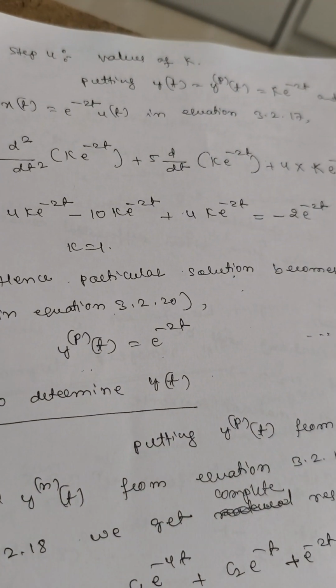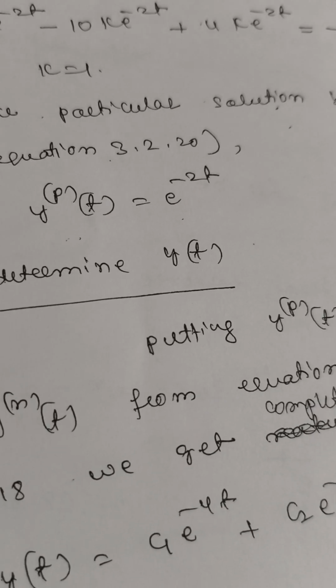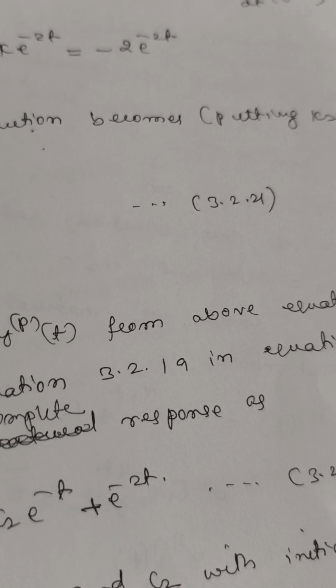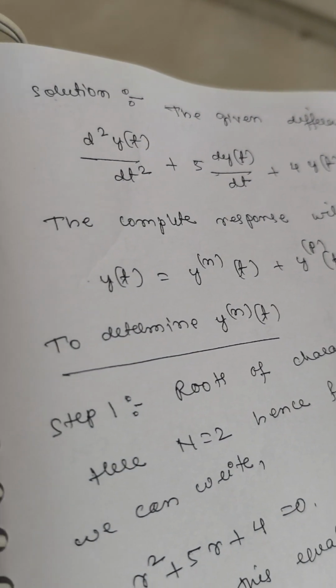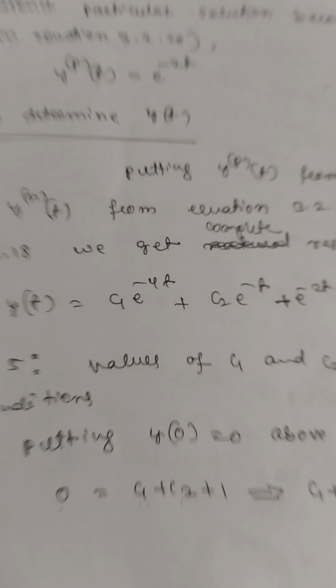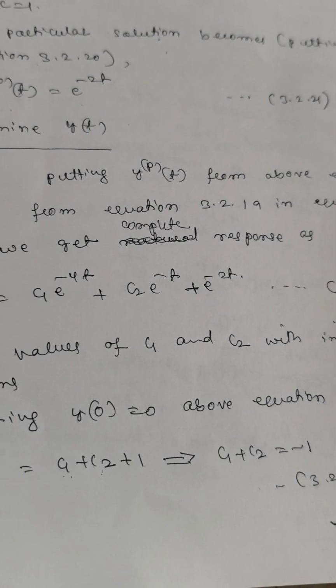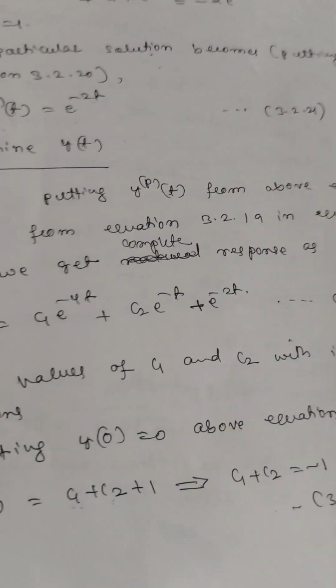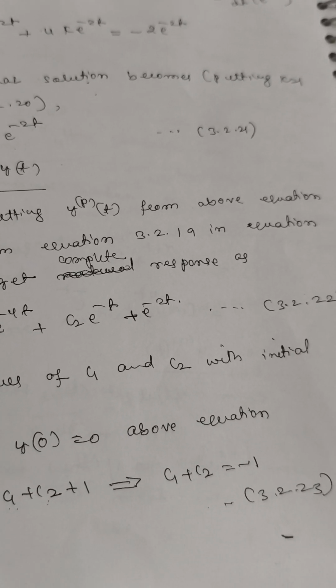The natural response is what we found here, and this one is the particular solution. Substituting in this form, we get the complete response: y of t equal to c1 e raised to minus 4t plus c2 e raised to minus t plus e raised to minus 2t.